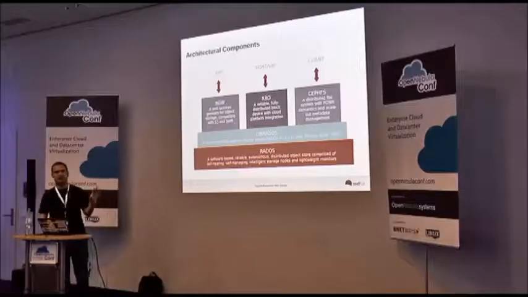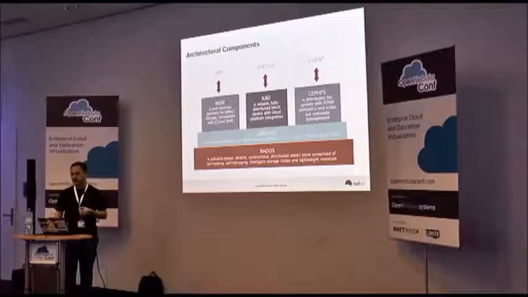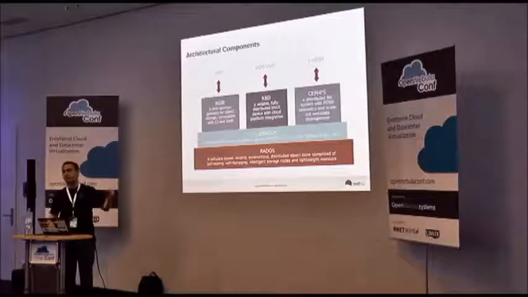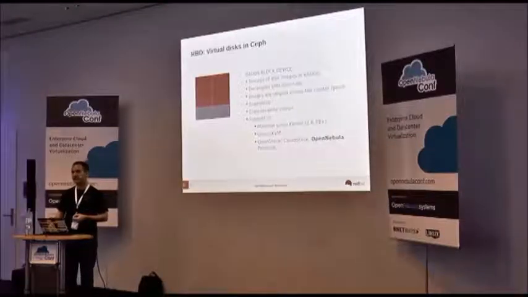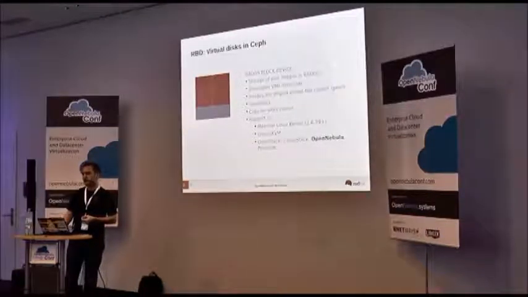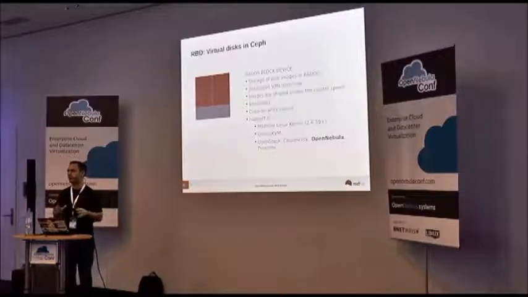So that was a very brief overview of how the bottom part, the red part, RADOS, works. The part that we're most interested in for OpenNebula, of the three across the top, is RBD, the block device. So let's go into that in a little bit more detail. RBD allows us to take an arbitrarily large virtual drive and map each location in that disk image to objects within the underlying RADOS store.